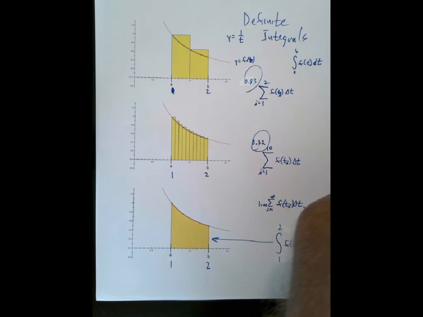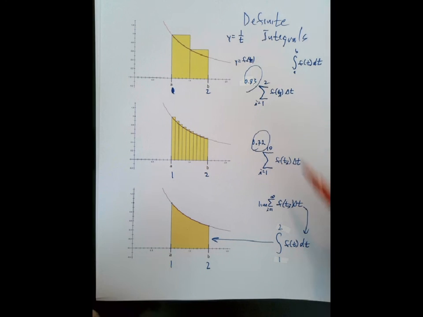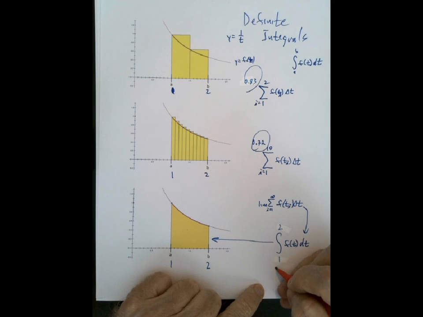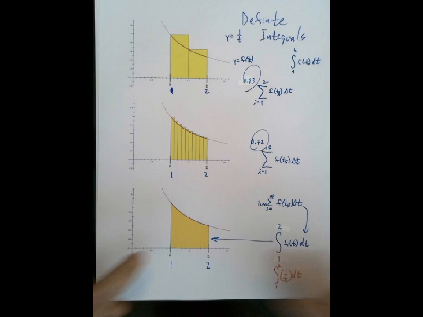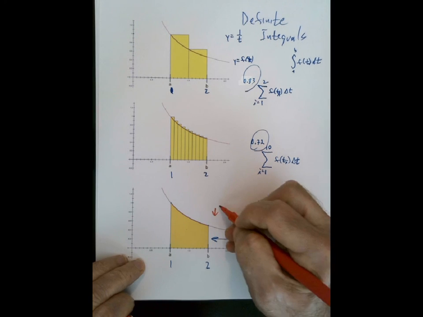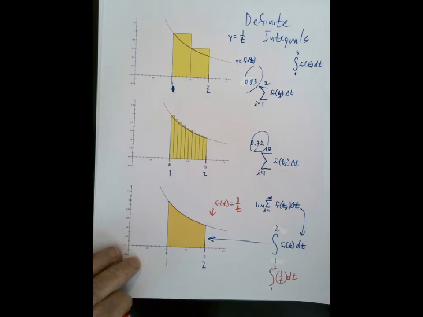All right, let's say red. Since f of t is 1 over t, this would be the integral from 1 to 2 of 1 over t dt. Okay, we're evaluating that integral. We're getting that area right there. Where this is still f of t is equal to 1 over t, right?